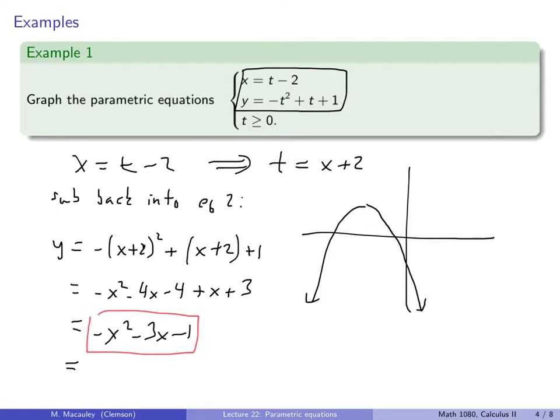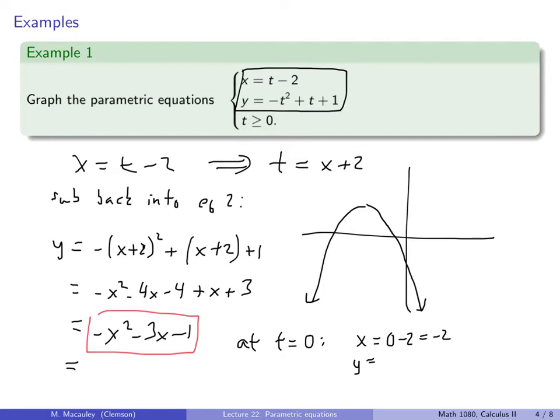So let's see where the ant is at time equals 0. At t equals 0, where's our hero, the ant? I'm going to say x equals, so time equals 0, x equals 0 minus 2 is negative 2.